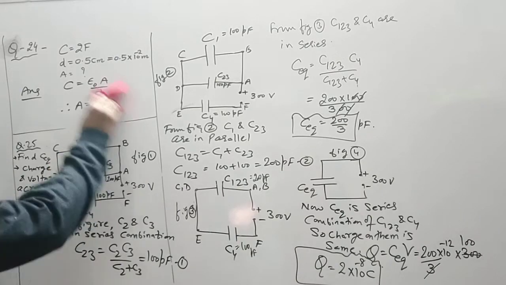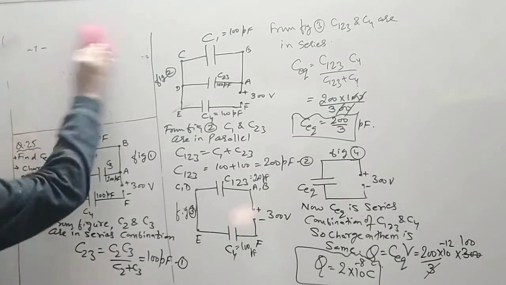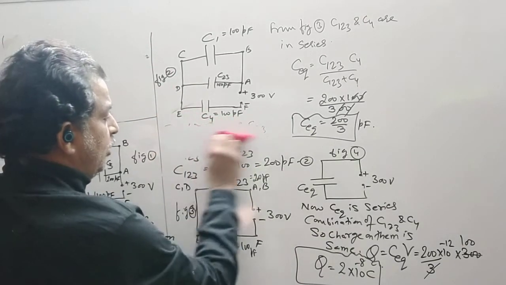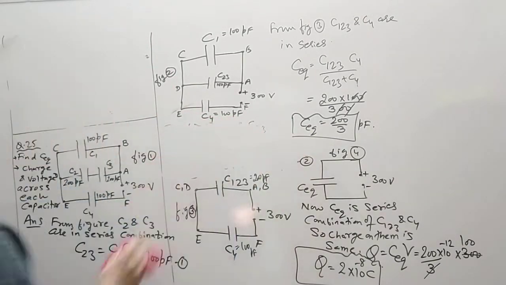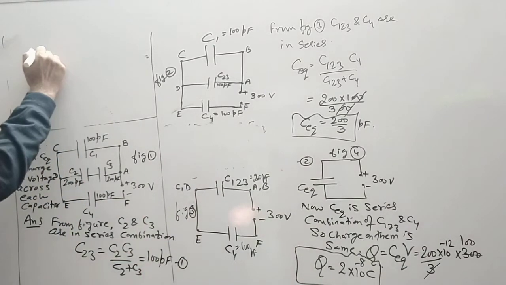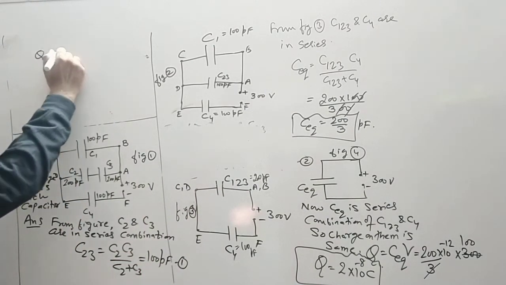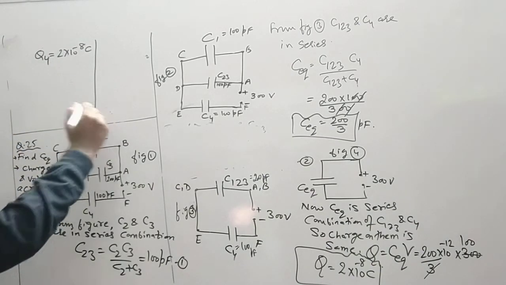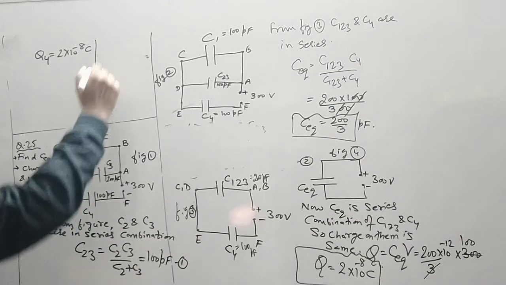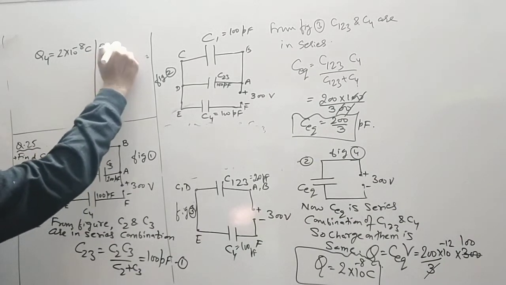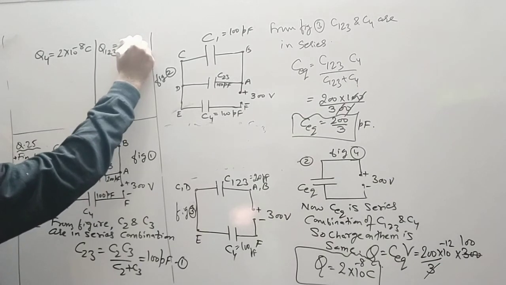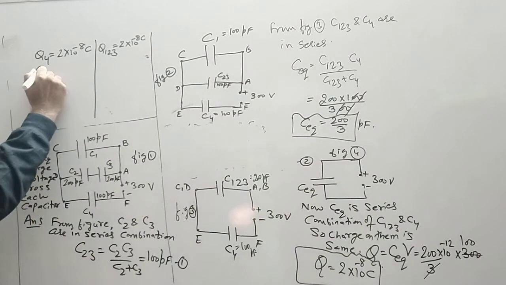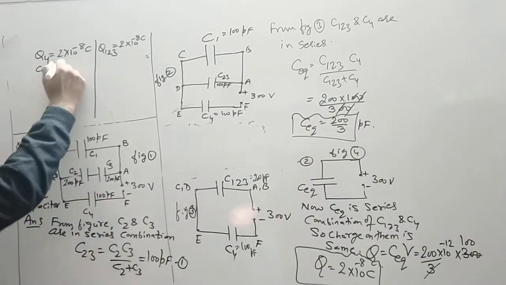So we find out these values. So Q4 is equal to 2 into 10 raised to minus 8 coulomb, and Q123 is also equal to 2 into 10 raised to minus 8 coulomb. Now C4 is equal to 100 picofarad.